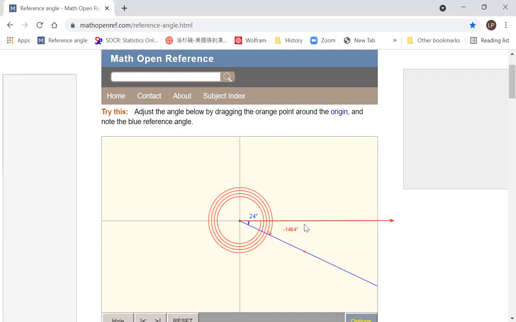And we want to discuss what's the relationship between angles and their reference angles. Can we say something to summarize this observation? Summary. Can we say something about that?